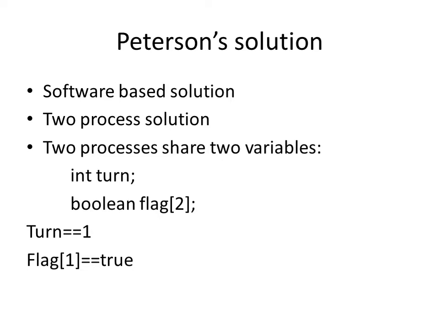The initial values of flag are always false, that means flag of 0 and flag of 1 are false. If flag of 1 equal to true, it means the process P1 is interested or ready to enter its critical section.